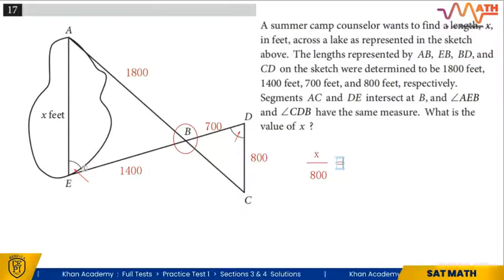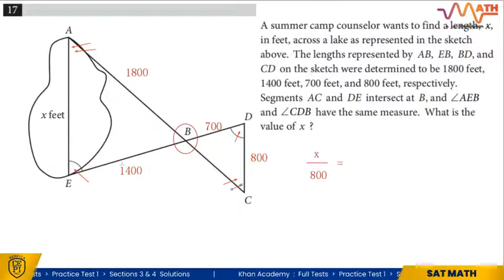Now look at the other angles here. If two angles are the same, the third one will also be the same. So we can say these angles here, use two arrows for this angle, will be the same also.